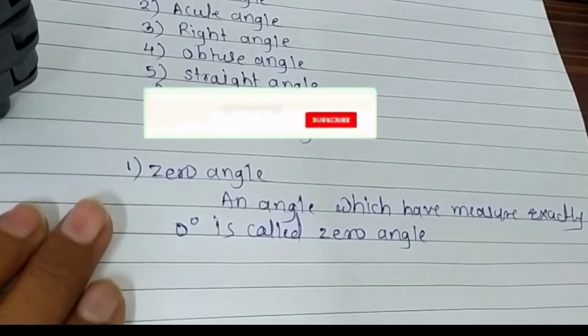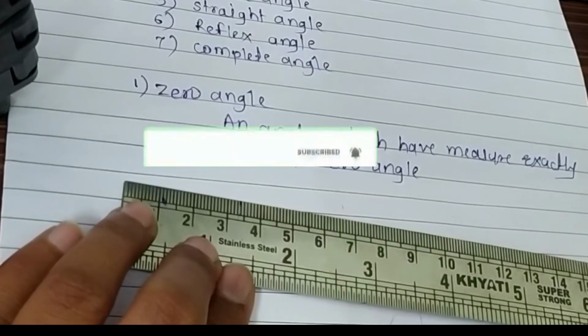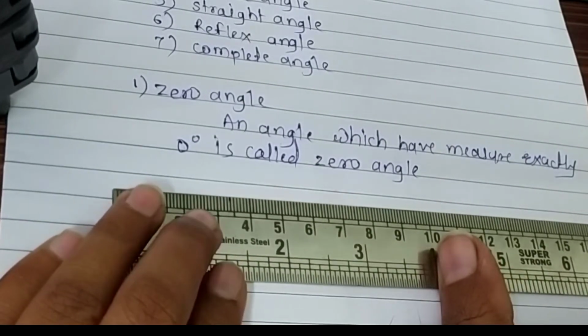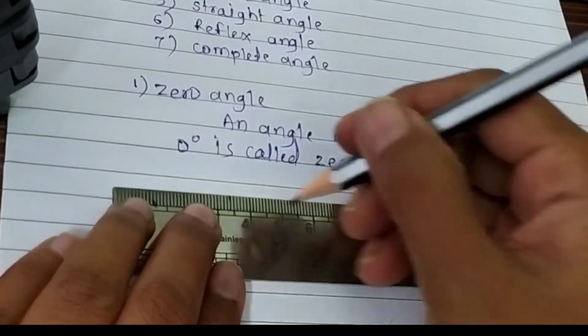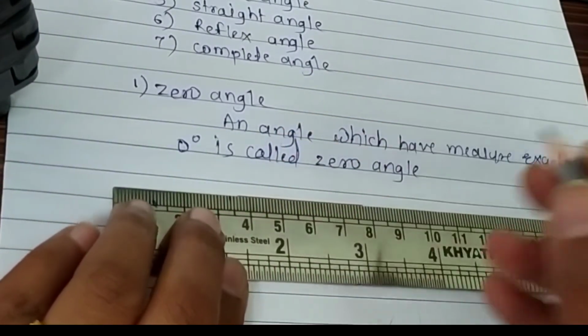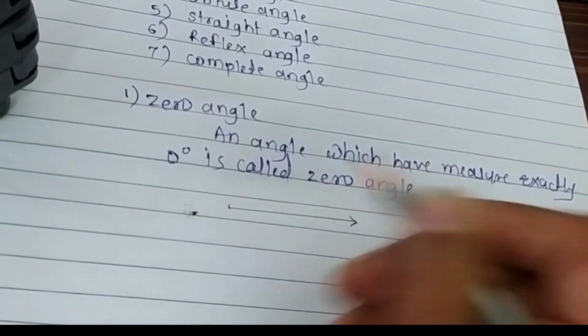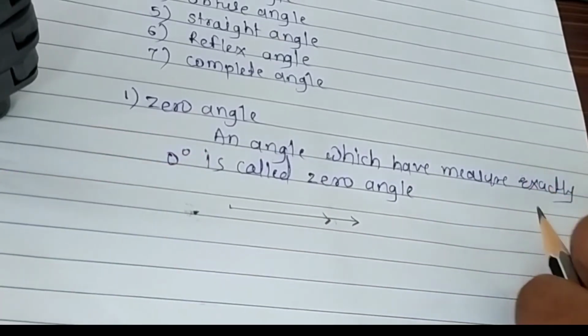How does a zero angle look? Look here. I draw tentative figures here. I use only a ruler and pencil. It looks like this, zero angle. It is called zero angle.